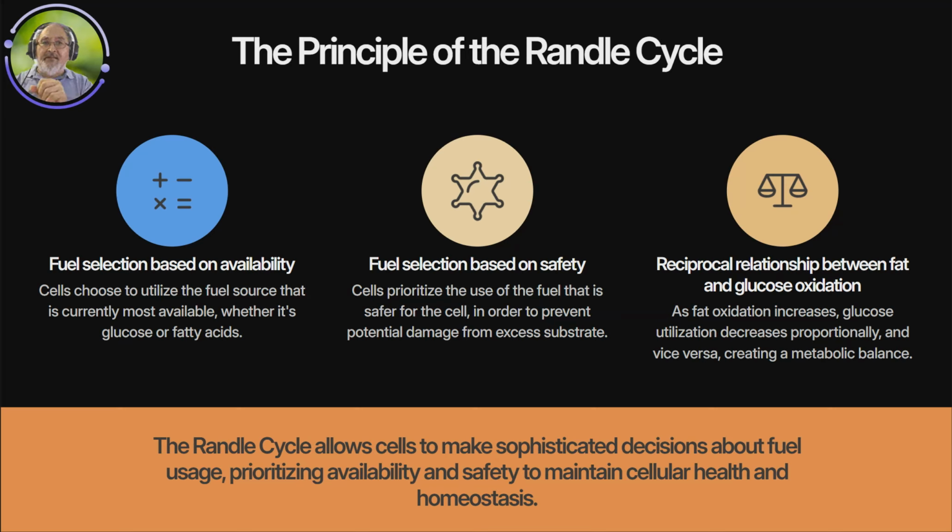Think of the Randle cycle as your body's inbuilt security system, constantly monitoring and adjusting fuel usage to prevent cellular damage. The inhibition isn't binary, but operates on a spectrum. As fat oxidation increases, glucose utilization decreases proportionally. This isn't a design flaw, but a sophisticated regulatory mechanism refined over millions of years of evolution, or by design.